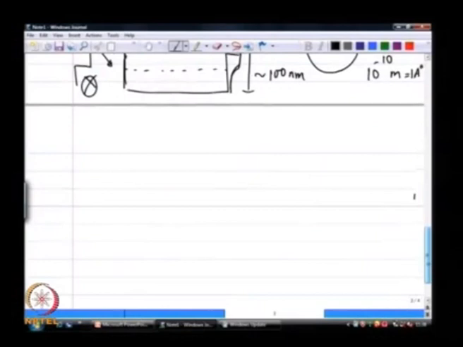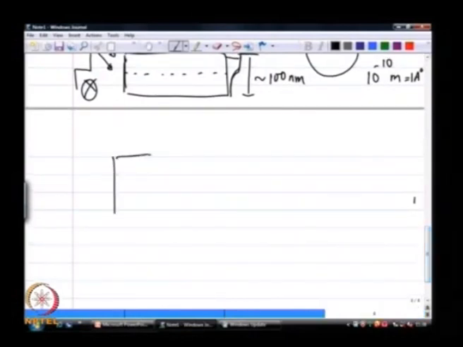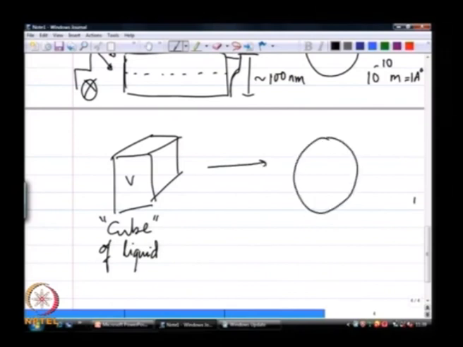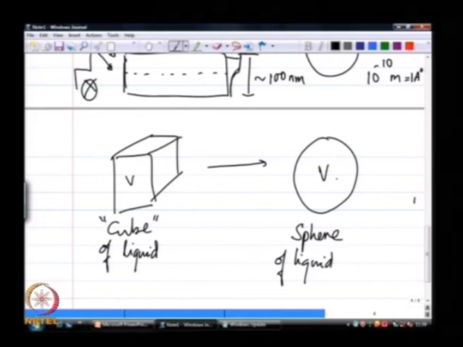I will take a very simple example. I take a cube of certain volume V, and the stable configuration of this is a sphere of the same volume V.